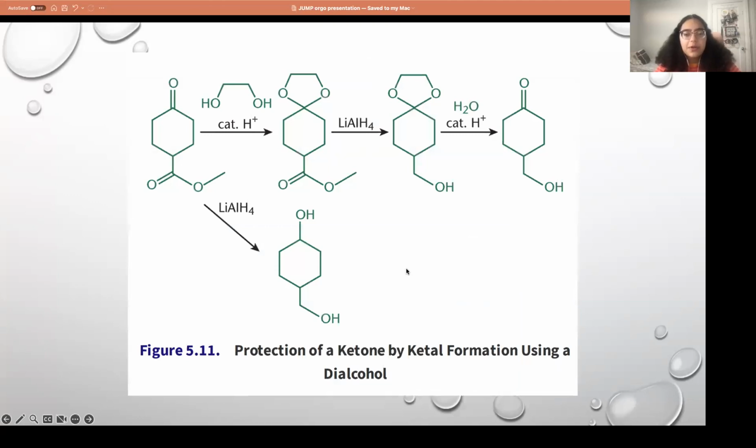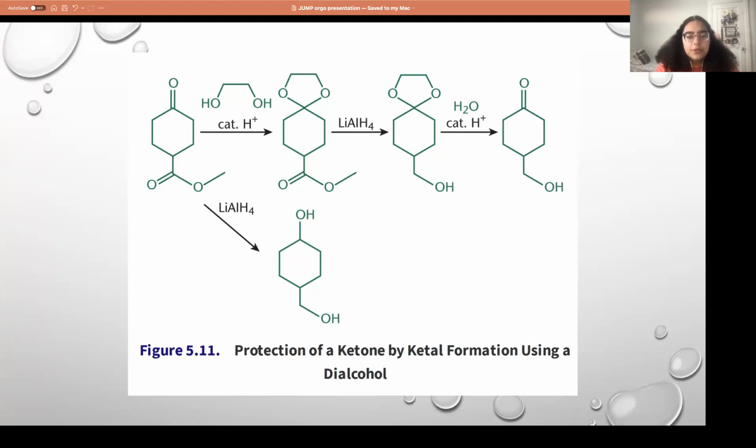Okay, there we go. So if you had that original molecule and you reacted it with a reducing agent like LiAlH4, it would turn both of your ketones into alcohols.